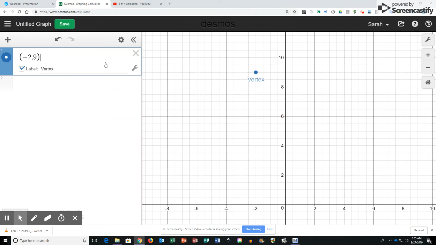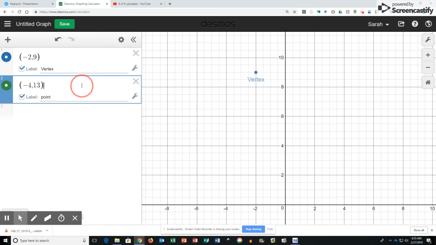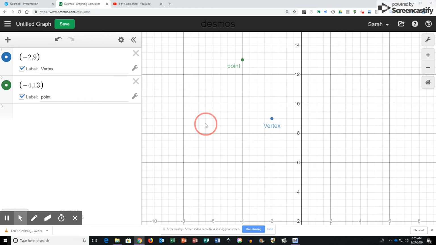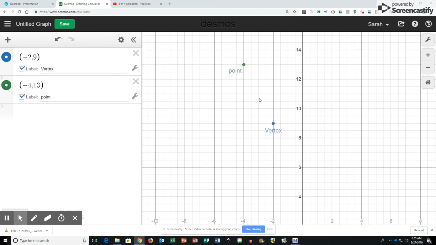And then it wants to pass through the point negative 4, comma 13. You can label this one also. Let's label it point. There we go. All right, now just looking at this, I have a hunch that it's going to be opening up.